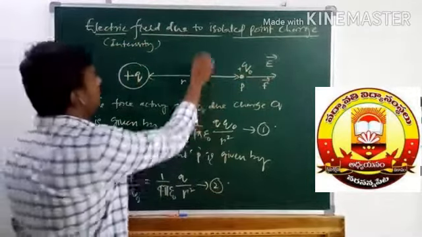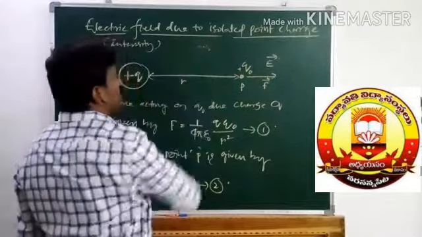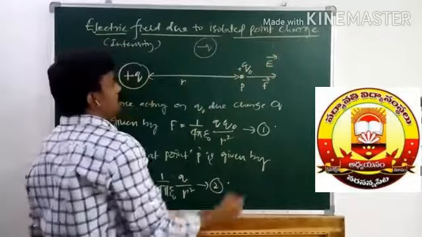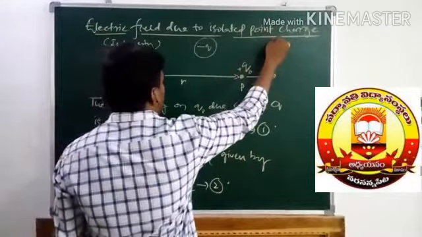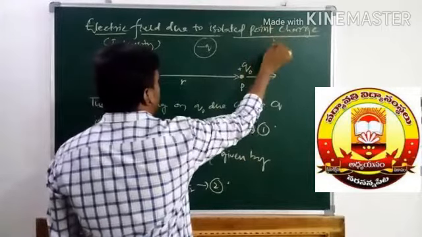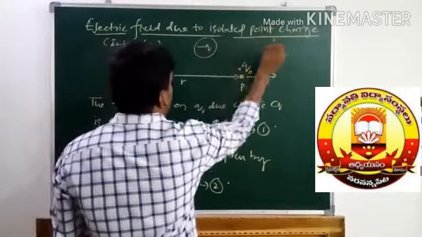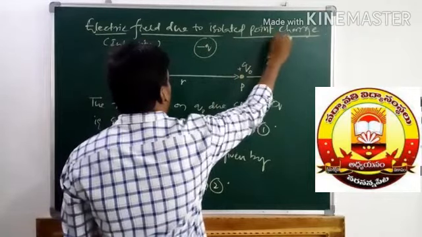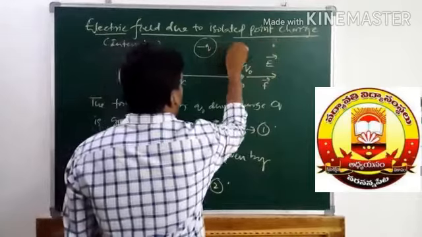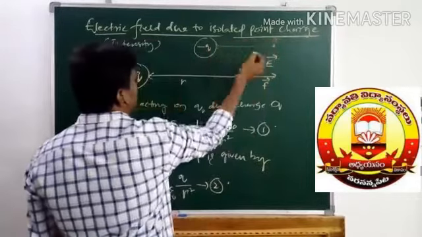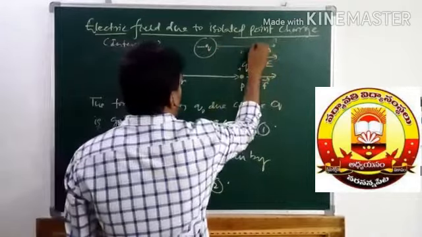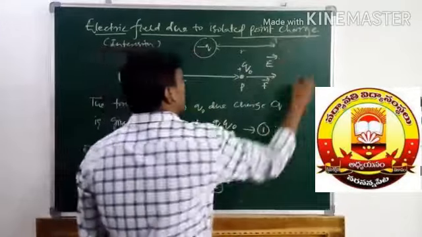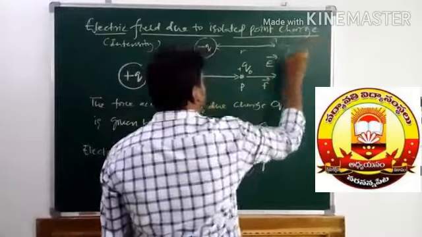Suppose I take a negative charge here, and at a particular point, if you want to find out the intensity, let this point be T, and this distance is R. Now the direction of force will be in this direction, and the electric field intensity will also be in this direction.